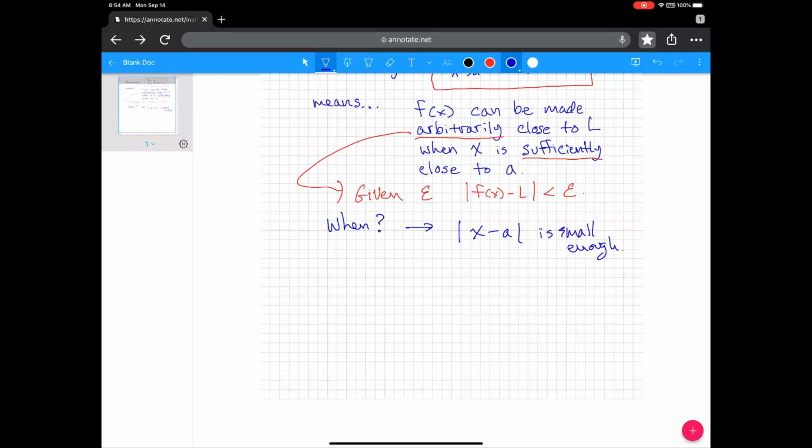So that's going to lead to another definition. What is small enough? How much is small enough? Let delta, a Greek D, be the number that is small enough.